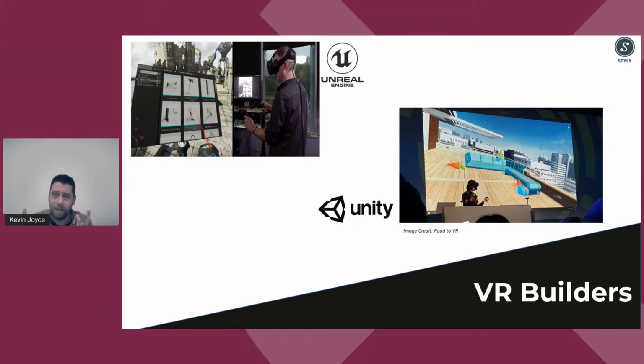Now, I had the pleasure of trying both of these several times in their production, and the Unreal Engine one in particular is incredibly intuitive. You could make VR landscapes or small areas of interaction, very short game sequences. The Unity VR Builder wasn't quite as advanced. I believe they probably started a little later, but it was on the same path, and they were both showing a great deal of promise.